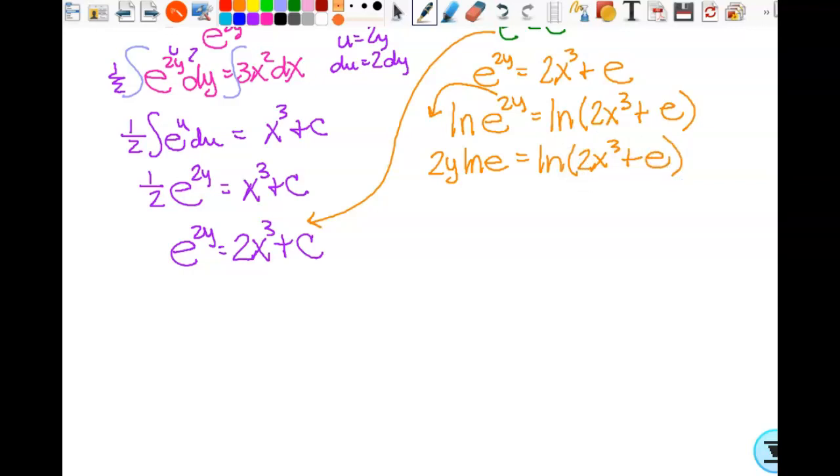Everybody with me on that? All right, so what's the base of a natural log? E. So it's 1, because when the base and the argument match, this just becomes 1. So basically this is just 2y on the left. So we get 2y is equal to the natural log of 2x cubed plus e. And then just divide by 2.